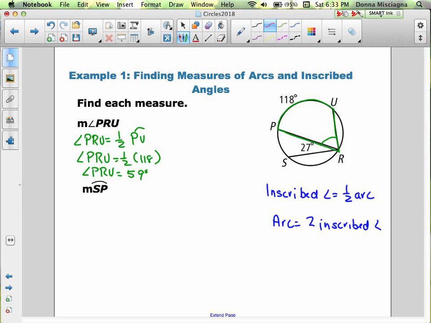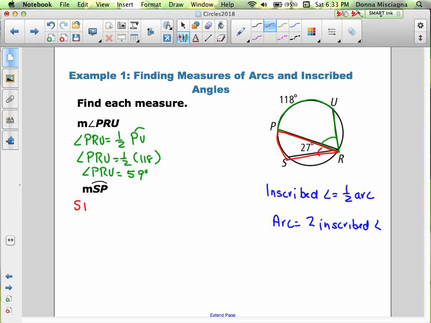All right, so arc SP goes from S until P, right? Short way around the circle because it's a minor arc. Just go to the end of the arc and follow back to the angle. We see this is the inscribed angle for that intercepted arc. So now we're looking for the arc given the angle. We're going to use the second formula.